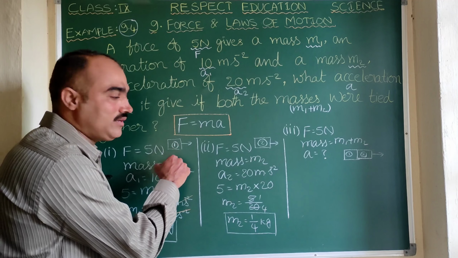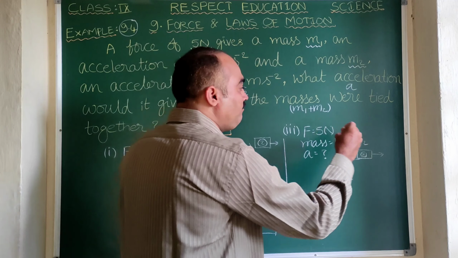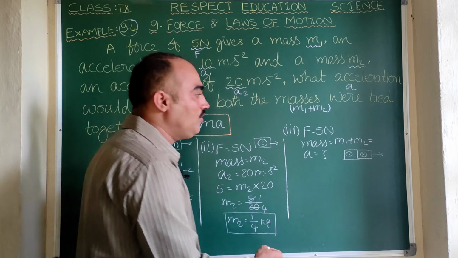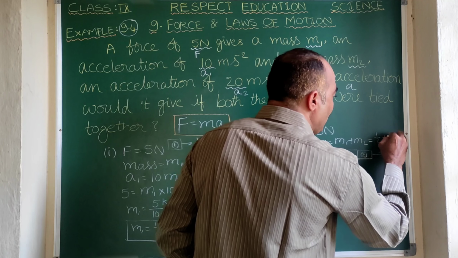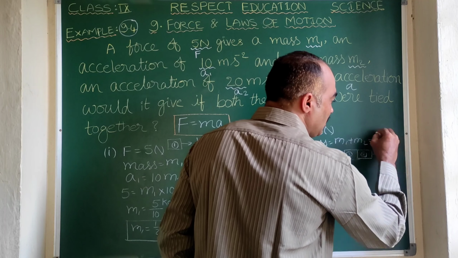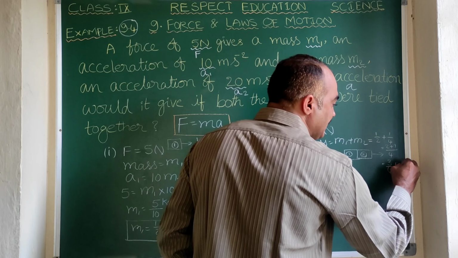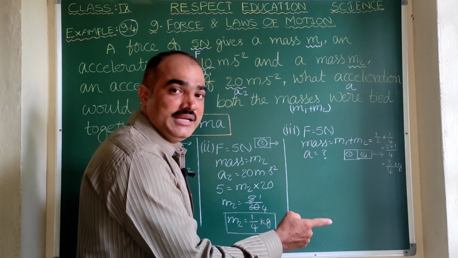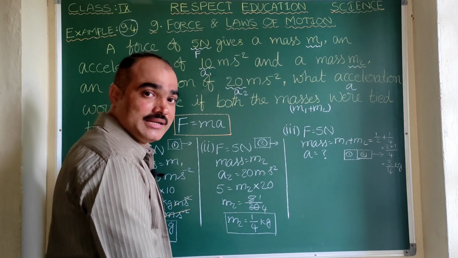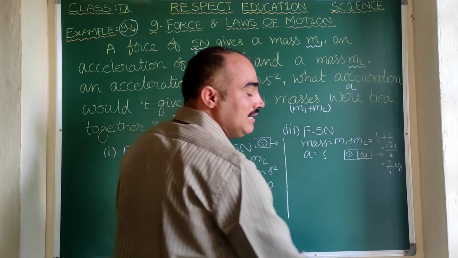Now let us come back to the third case, where m1 plus m2 is to be found. m1 is 1 by 2 and m2 is 1 by 4. 1 by 2 plus 1 by 4, when you take LCM, 4 will be the LCM. 2 2s are 4, so 2 1s are 2, 4 1s are 4, that is 1 into 1 is 1. So finally 3 by 4 kg. This is the mass of the combined object. Both the masses were tied together, that means both the masses were added, so the resultant mass is 3 by 4 kg.